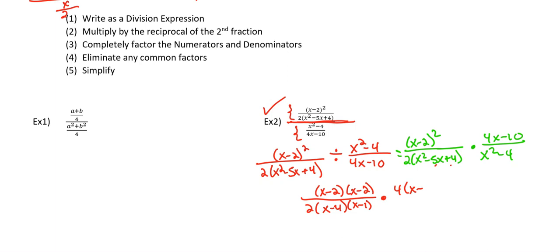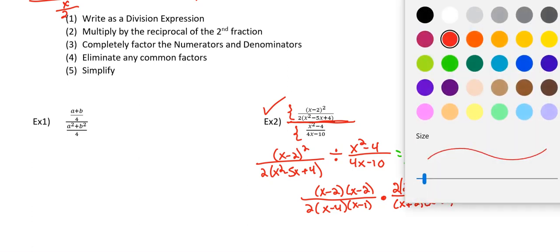Oh, I'm sorry, why did I say that? Can't do that. It's going to be 2x minus 5, sorry, 2x minus 5. And then down here we'll have x minus 4, x minus 1.